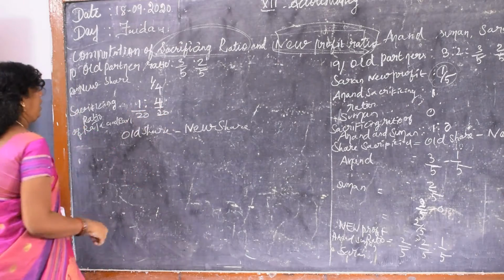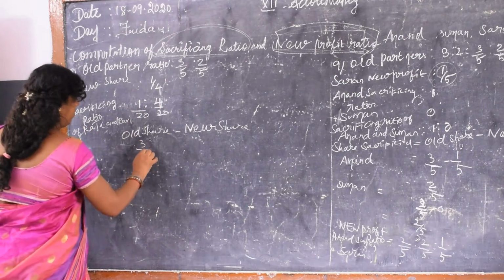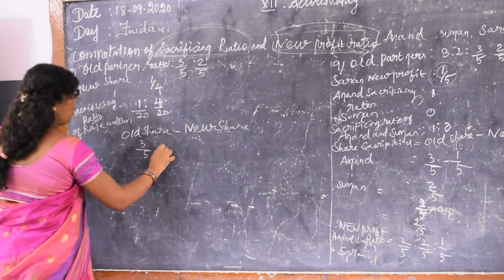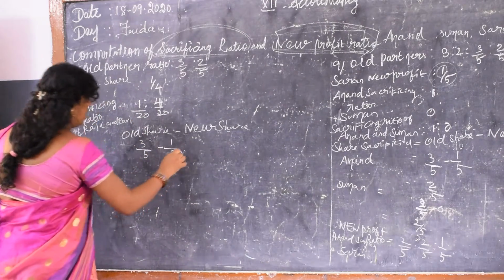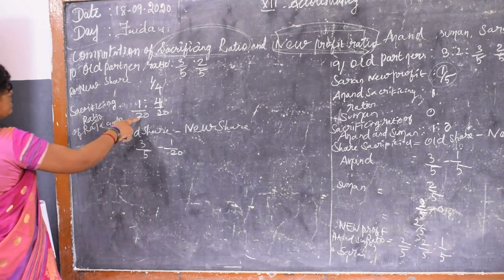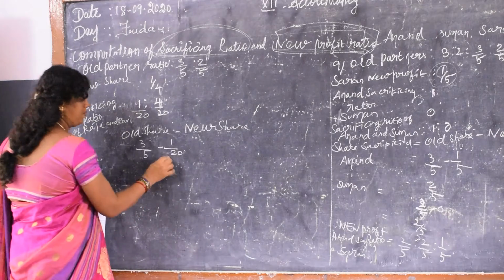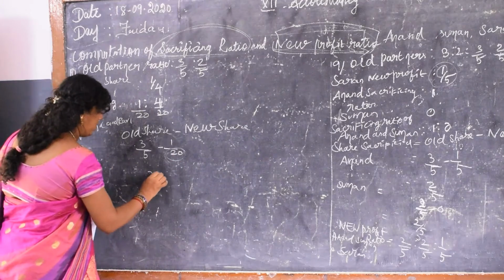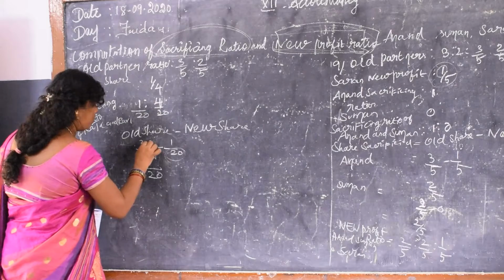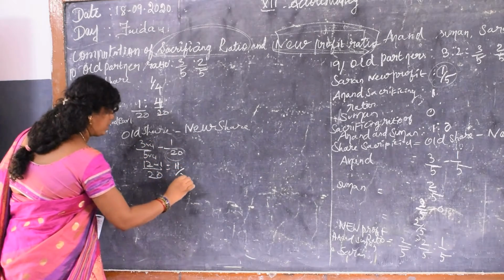So the old share is 3 by 5 and the new share is 1 by 20. Minus this new share, 1 by 20. We take an LCM, so write 20, into 4, into 4. This is 12, and 12 minus 1 is 11 by 20.